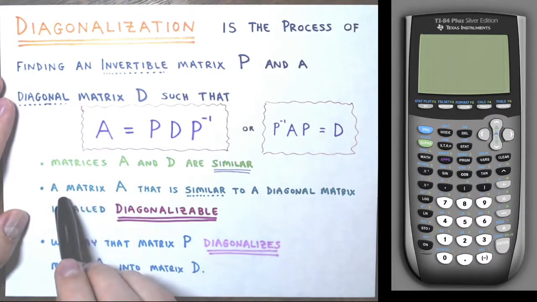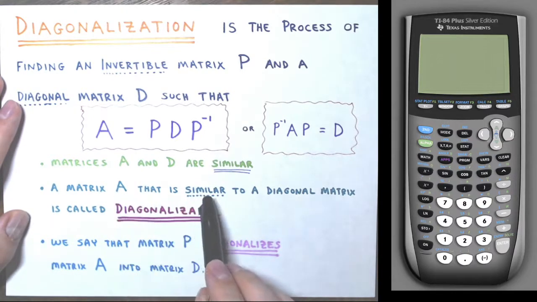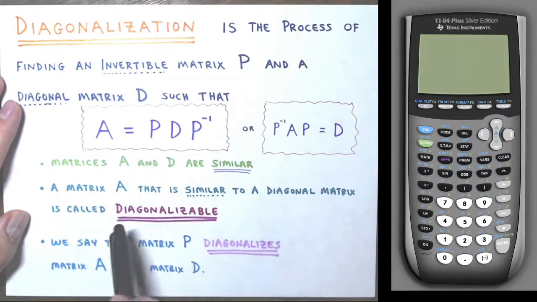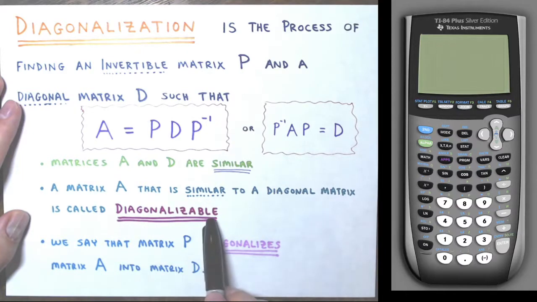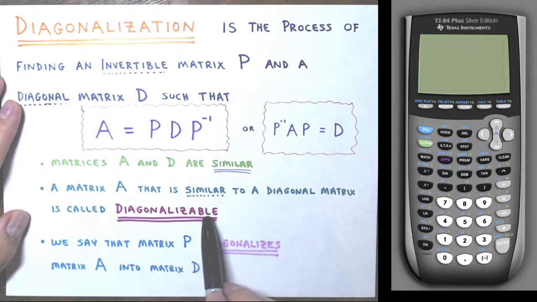So a square matrix A that is similar to a diagonal matrix like this is called diagonalizable. Lots of long fancy words here. A matrix is diagonalizable if it is similar to a diagonal matrix.